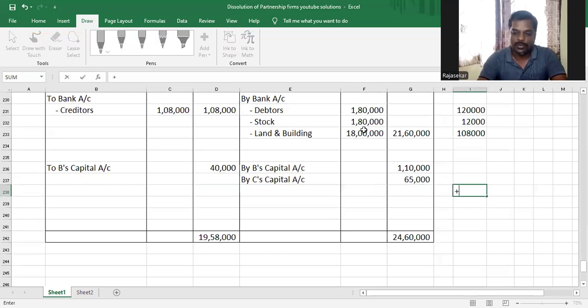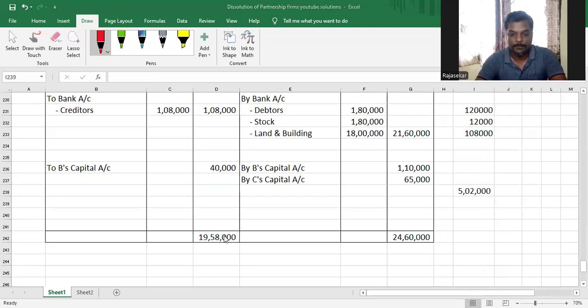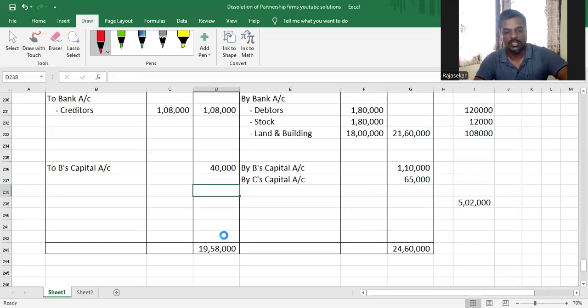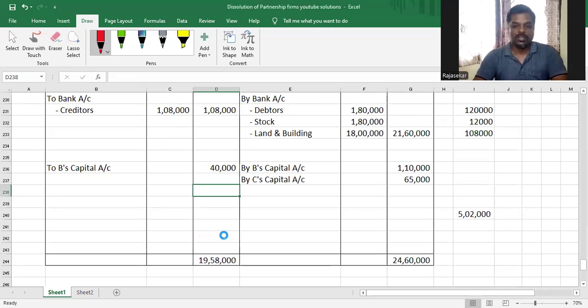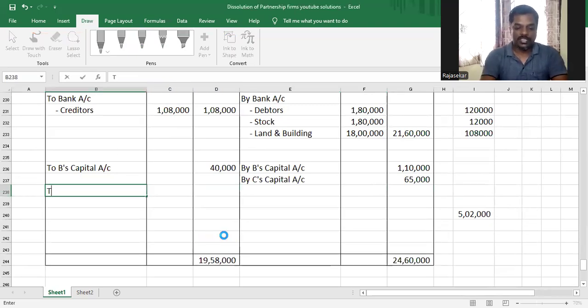The difference would be 2460 minus 1958 is the difference, which would be 5 lakh 2,000. It happens to be the correct answer, my dear children, as per the suggested answers. Just check. So the balancing figure will be written on the debit side. It's profit.